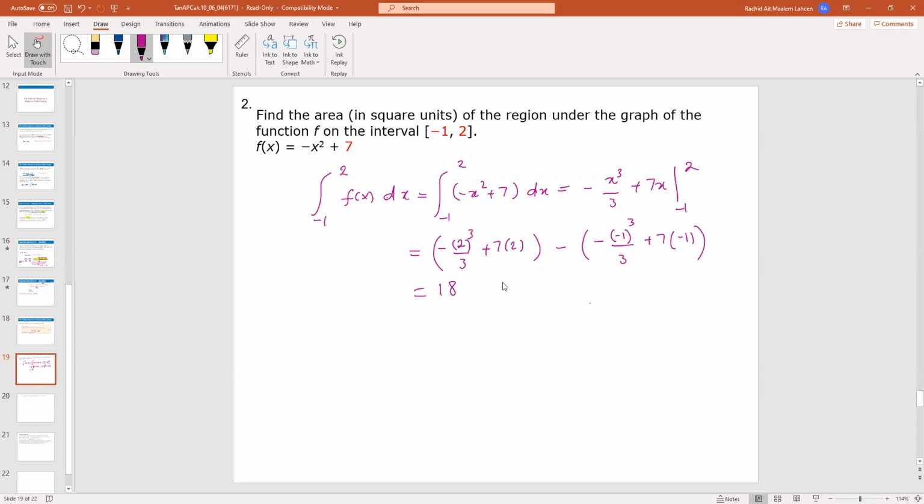And of course, as this is an area, it's going to be square units, whatever units are used. Square units, square feet, square miles, whatever units are used.